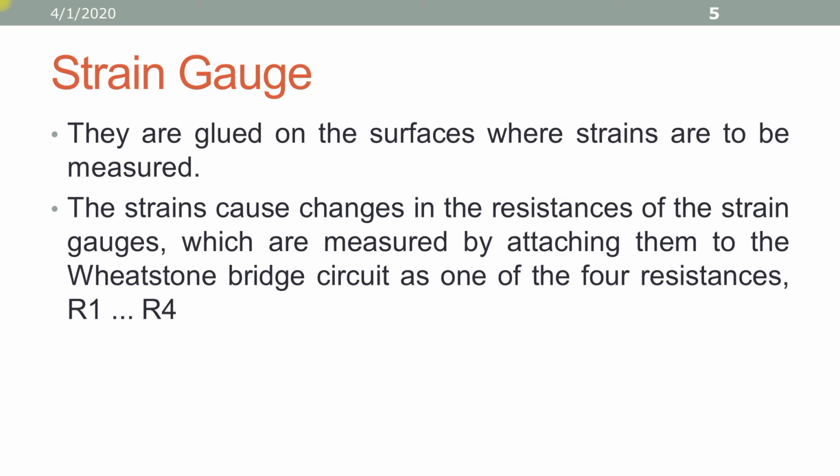Then, amplifying it, we can calculate the actual strain. So this is the very basic step. Strain gauges are a very common method to calculate force or pressure by measuring its changing resistance. That is up to the strain gauge.